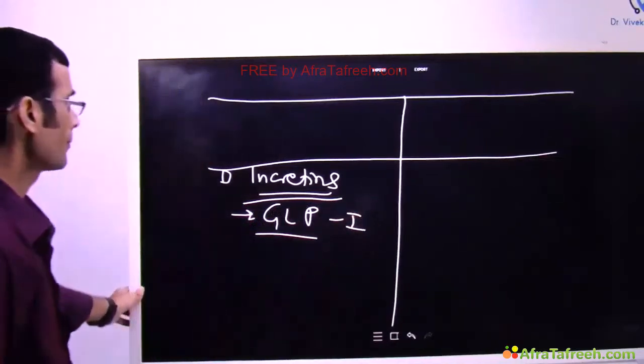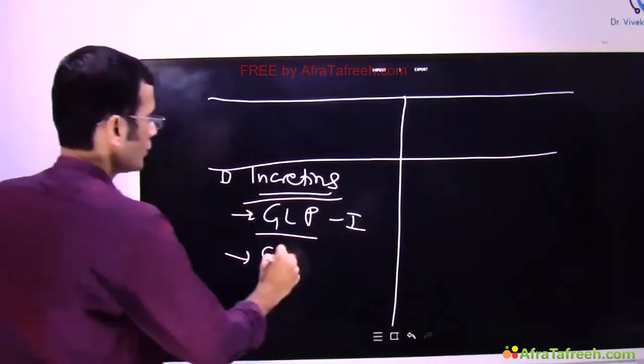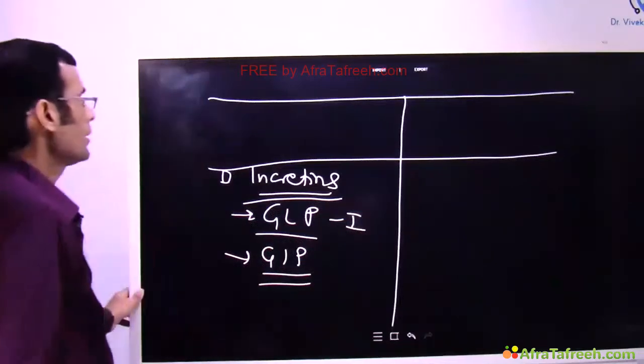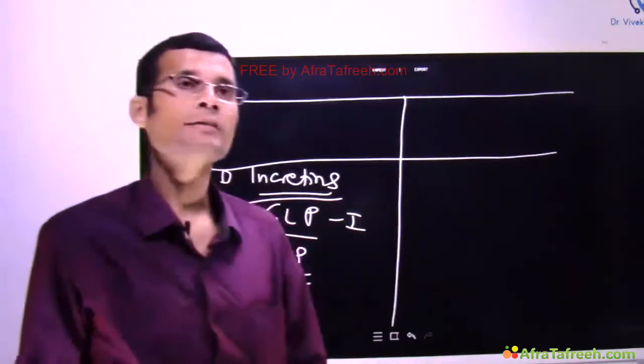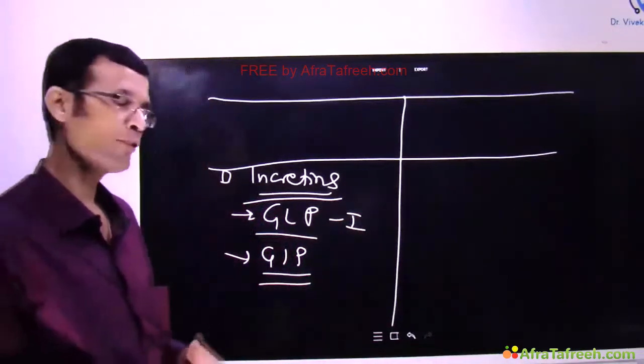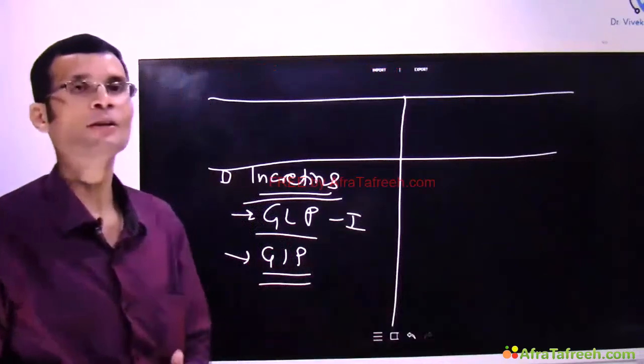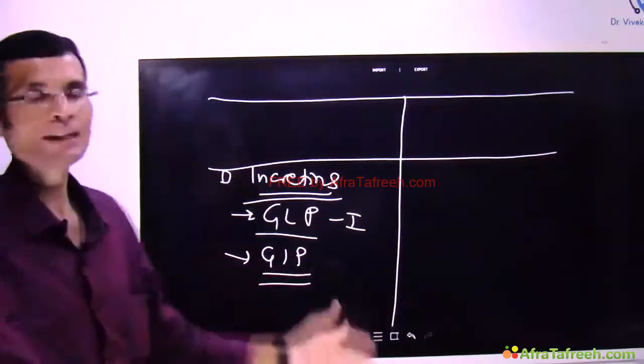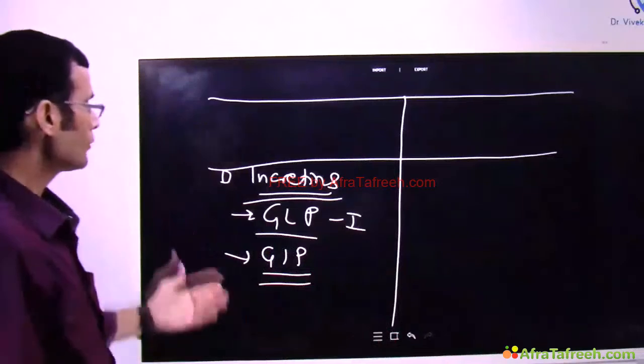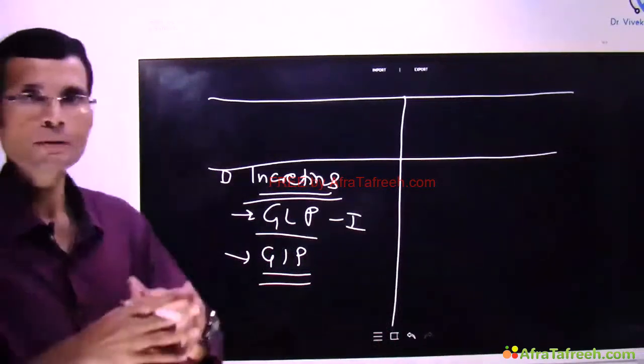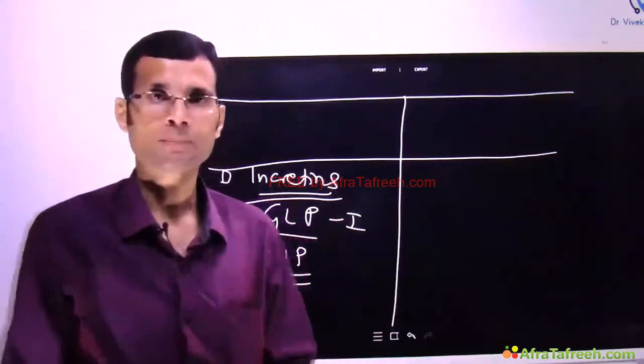glucagon-like peptide, and GIP. Now this GIP, when it was discovered, was called gastric inhibitory peptide because it was found to inhibit the gastric motility and gastric secretion.